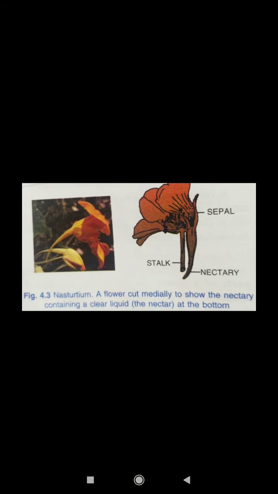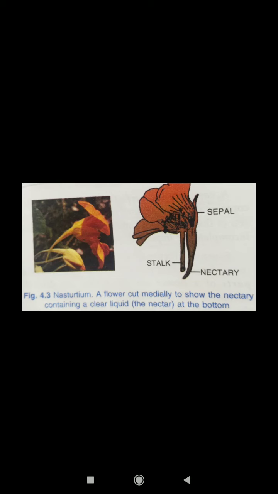Then next is nectaries. Here is shown nasturtium, a flower cut medially to show the nectary containing a clear liquid nectar at the bottom, and this nectar is absorbed by bees and other insects to do the pollination, which we will study further in the next part.